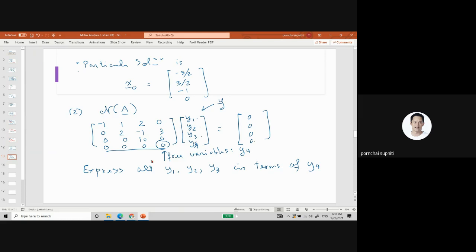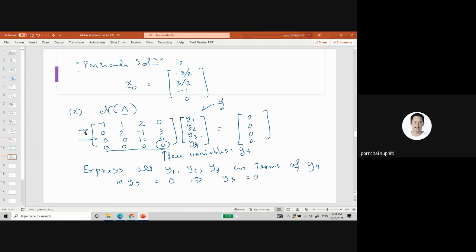It's a free variable, and that will help you generate all the solutions. So what I'm gonna do is, I have no space left. If I look at equation number 3, I will have 10 times y3 is equal to 0, so I have y3 is equal to 0.